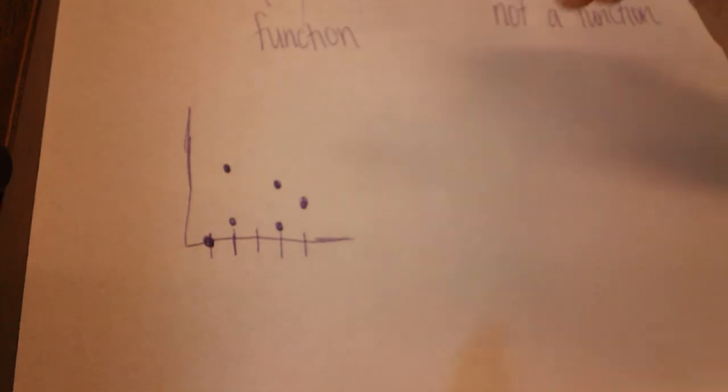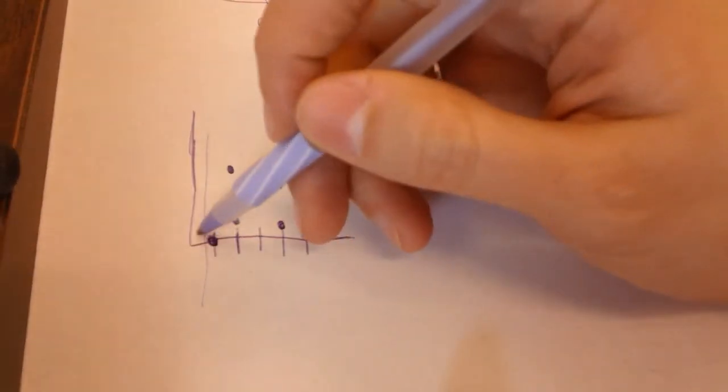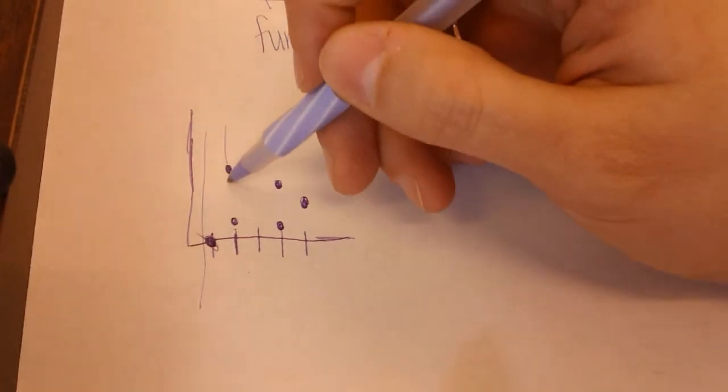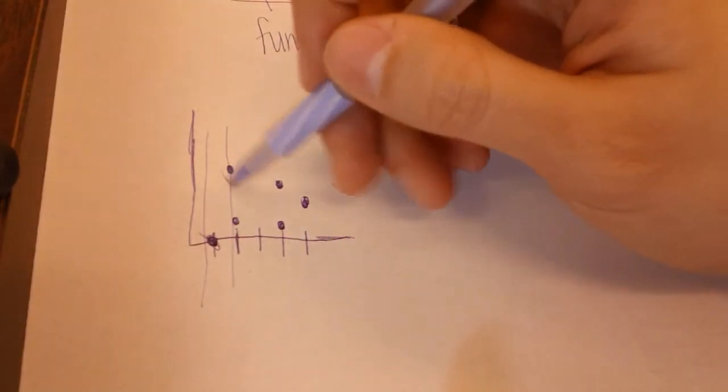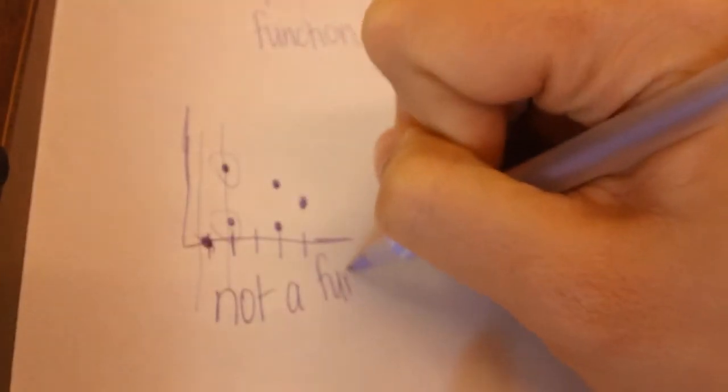If we draw a vertical line through this section, we're okay because we would only cross once. But if we draw a vertical line through the two, it would cross twice. So this would be not a function.